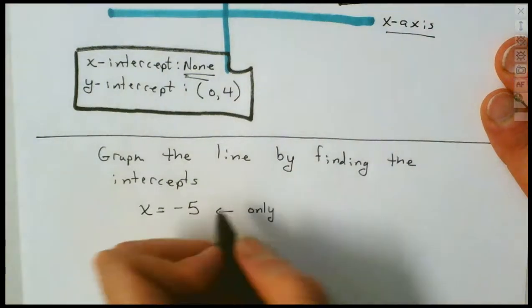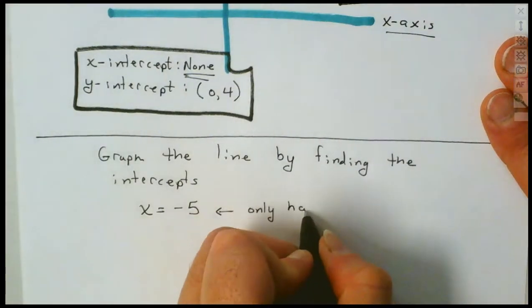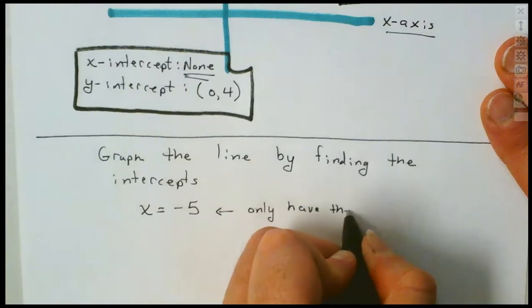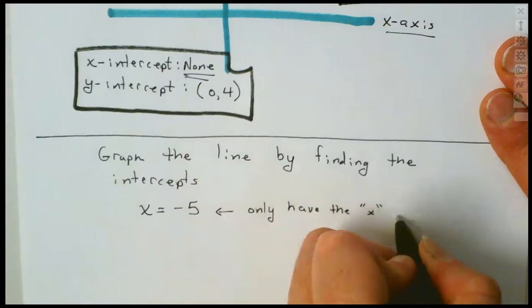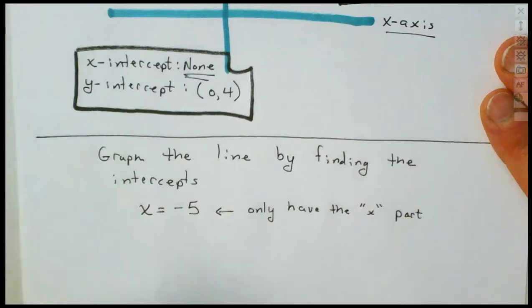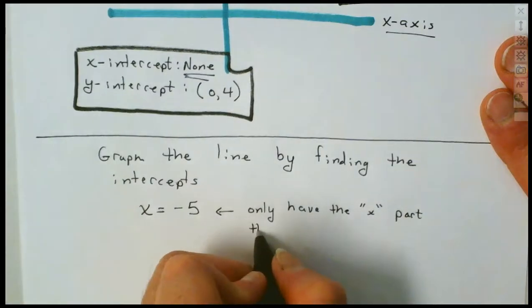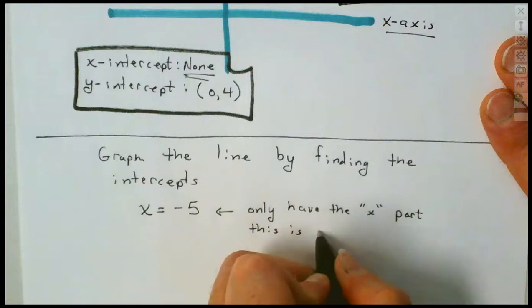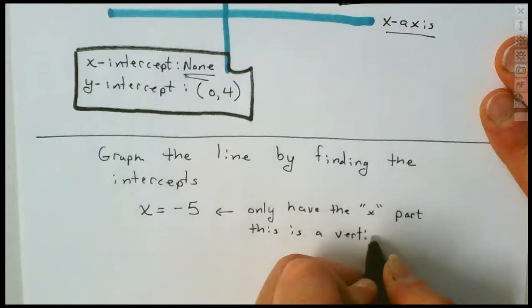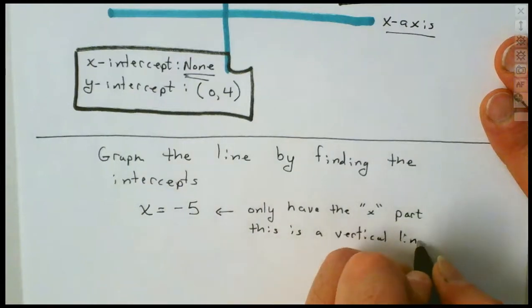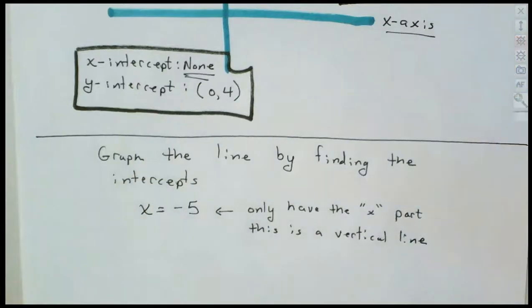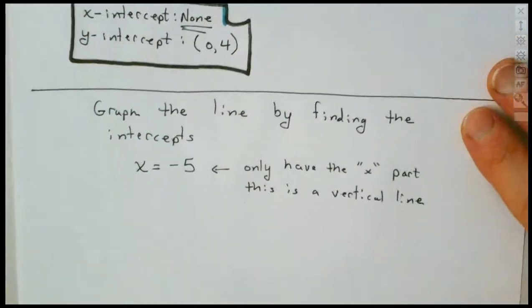We only have the x value, or the x part. And we'll graph it, and then we'll find our intercepts again.